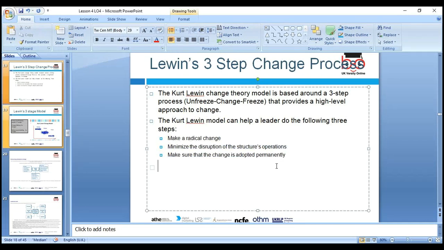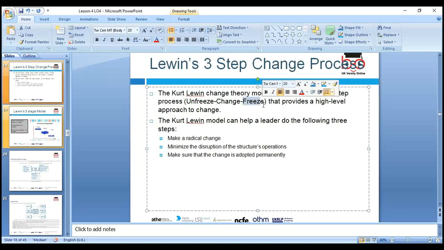Structure operations and make sure the change is adopted permanently. It's not that you change something for a few days and then change again. So there are three concepts: unfreeze, make the radical change, then freeze it. Then it stays for a long period of time.